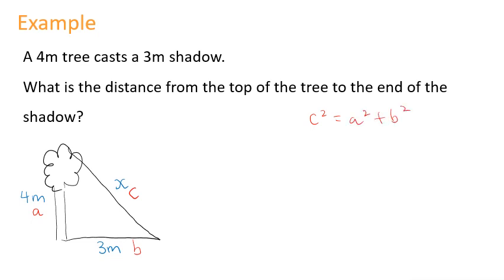Substituting the values, we don't know what C is. A is 4, B is 3. Put that in the calculator and that equals 25. The last step is I square root the answer, and that gives me x equals 5. So the distance from the top of the tree to the end of the shadow is 5 metres.